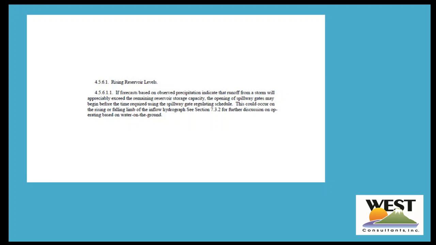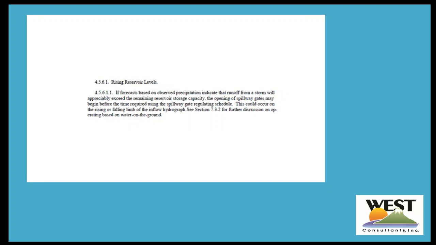So for instance, if you have a significant rain event that's occurred in your reservoir, but all the forecasts are showing that the rain has moved out and you're not going to get any more rain, and also you're not having a flooding issue downstream or that downstream has peaked, in that case it would make sense then to start those releases early, because you can get a better downstream result by having a lower peak release from the reservoir.